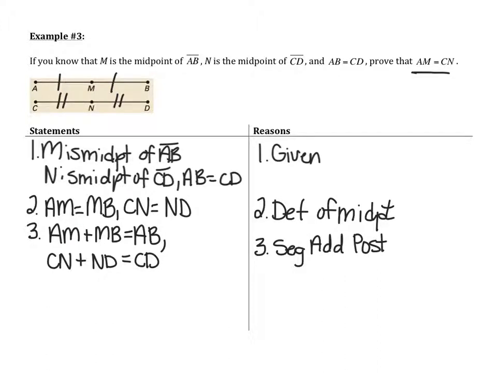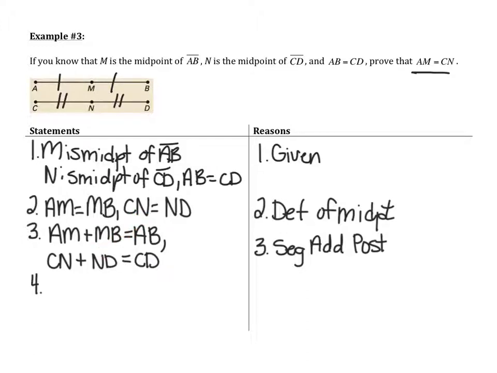Okay, and then step 4 is where we'll start moving some stuff around. If we look at our previous two steps, we see that AM is equal to MB and CN is equal to ND. So I'm going to substitute AM equals MB. I'm going to put AM in for the MB right here and the CN in for the ND down there.